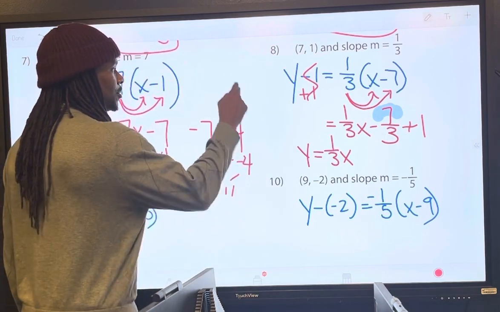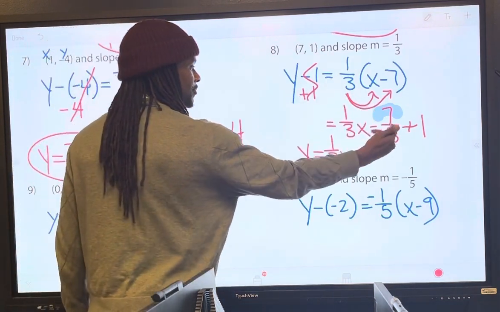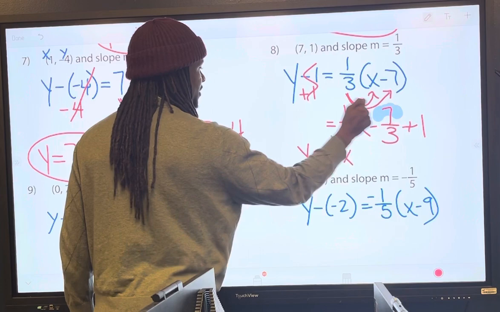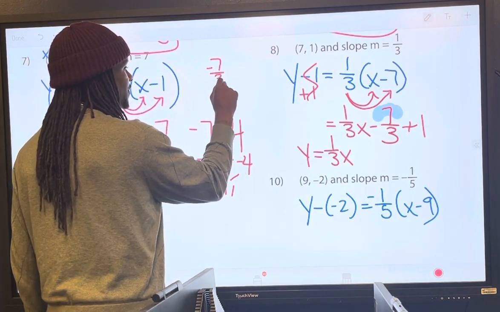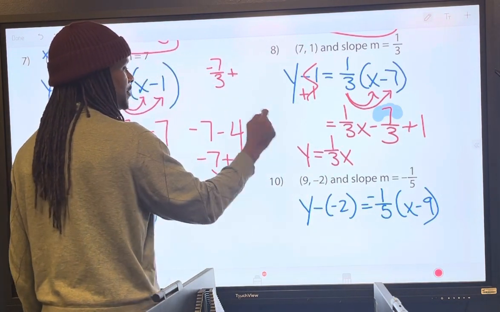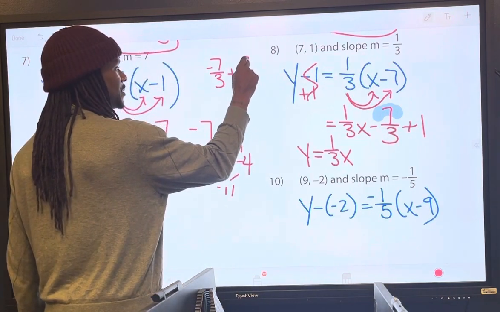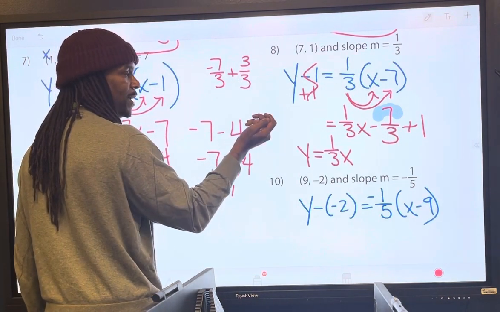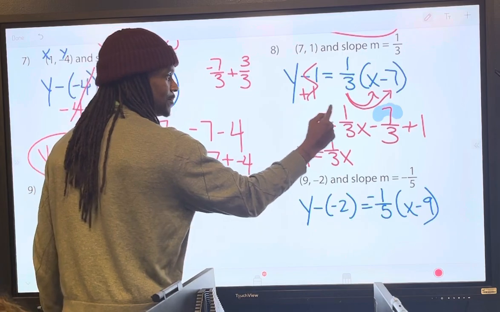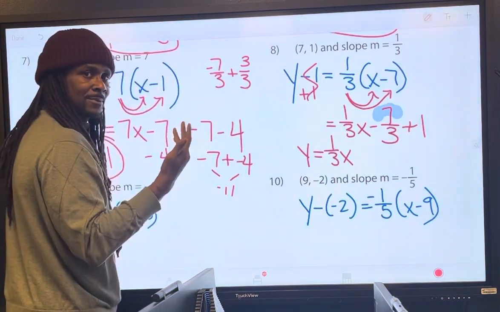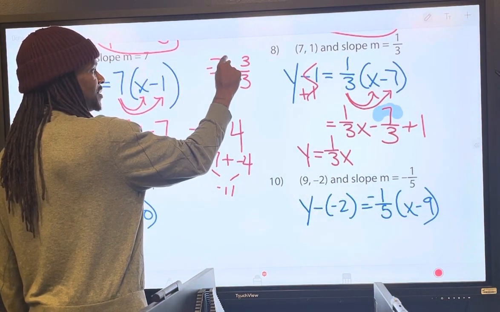Well, do this. Remember, the denominator's got to be the same. This is negative 7 over 3. Adding, you can turn 1 into 3 over 3. Think about it. What's 3 divided by 3? All right, so what's negative 7 plus 3?